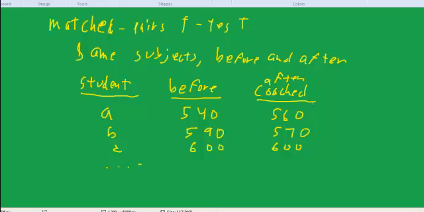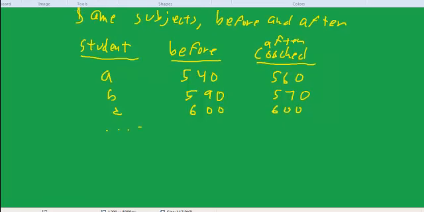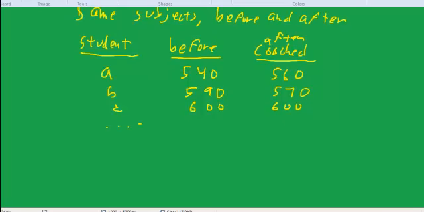Okay, and what we do is we focus on the difference between them. So the difference in this case, let's take after minus before. So that's plus 20, this is minus 20, this is 0, and then we get a whole bunch of other differences, and then we average them.